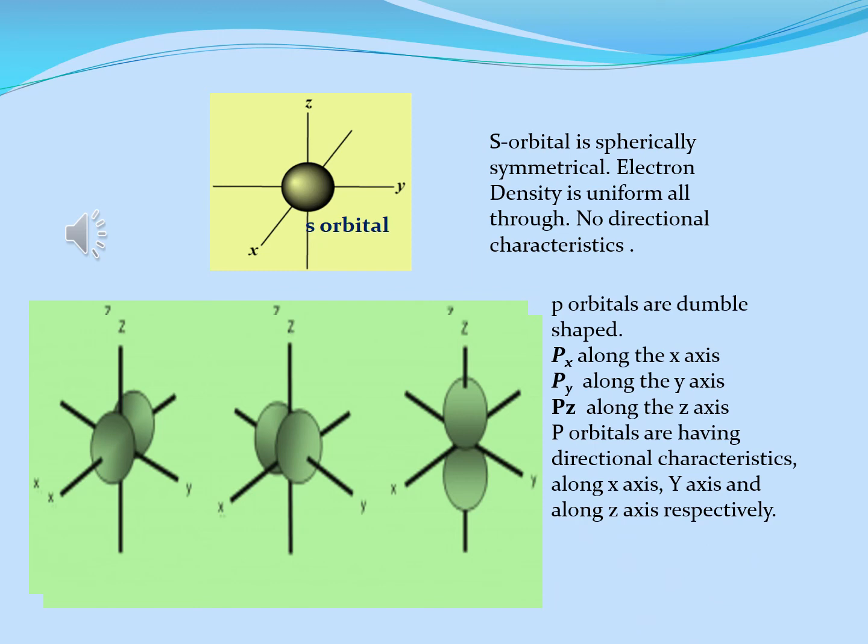S orbital is spherical, having uniform density all through, so no directional characteristics. P orbitals have directional characteristics because Px, Py and Pz orbitals lie along the x-axis, y-axis and z-axis respectively.